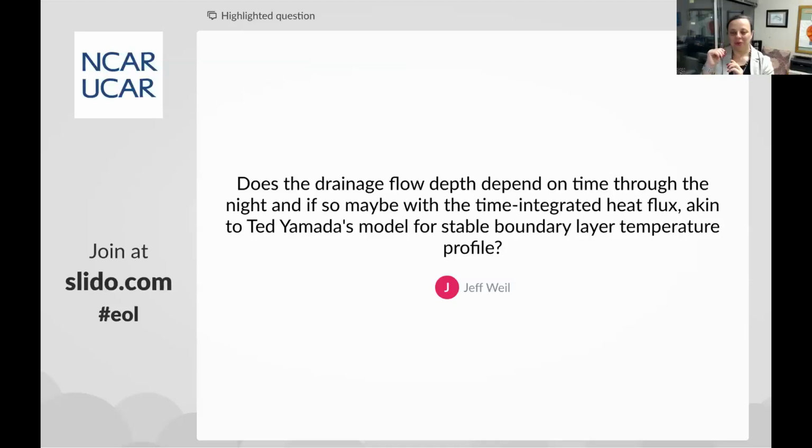So yes and no. I feel like I'm really doing a bad job answering these questions. So it does increase once it starts, but it doesn't increase continuously throughout the night, and the time that it starts is dependent on something else, and that's really what we're trying to identify now.